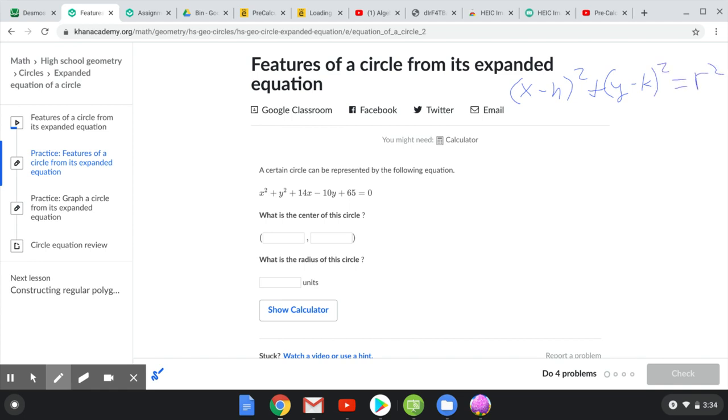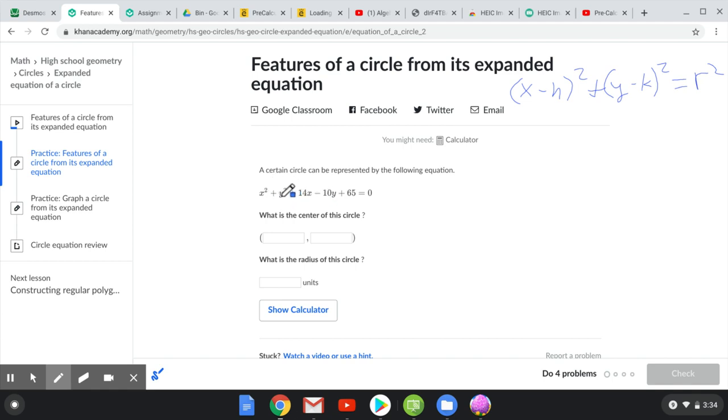Right? Remember, this is the form we want. This is the goal. So we need to rearrange it in a way that we have our x's together, our y's together, and numbers on the other side. So with that in mind, I'm going to rearrange.